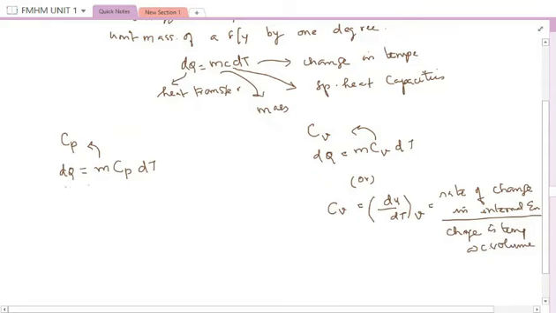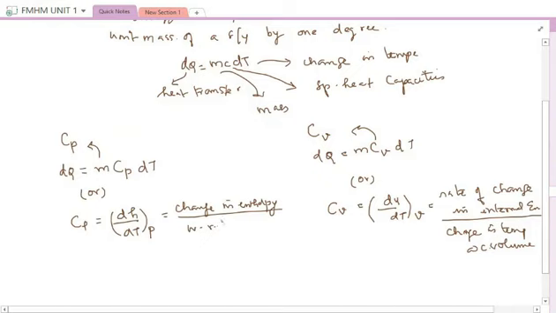Right. Likewise, we give another formula for this specific heat also. So Cp is equal to dH by dT at a constant pressure. Right. So it is nothing but rate of change in H, which denotes the enthalpy. Already we discussed this property: change in enthalpy with respect to temperature at constant pressure.